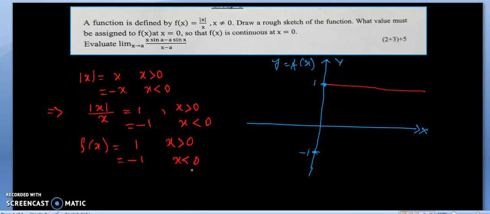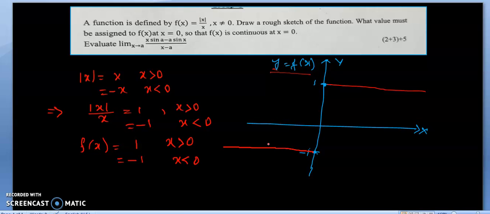And when x is negative, before 0, the value of y is always minus 1. So this is a rough sketch of your function y equals f(x) equals mod x upon x.